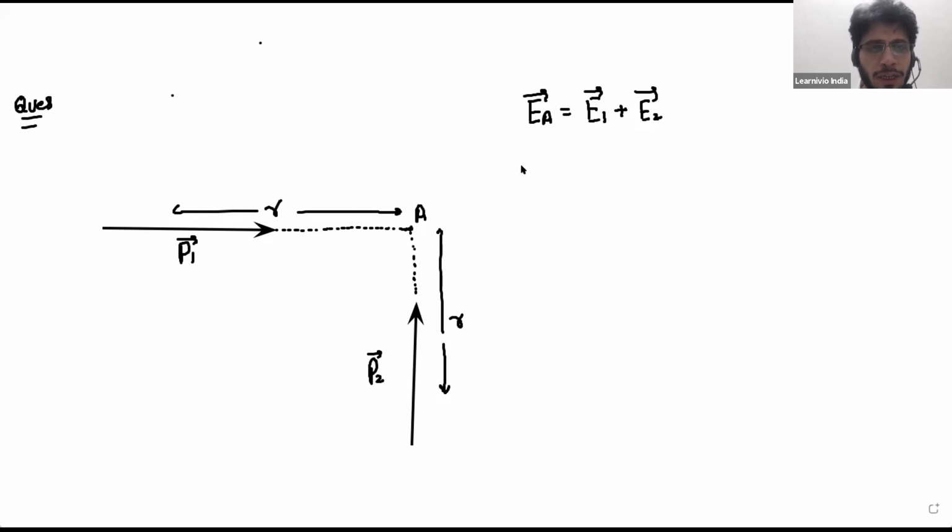So on the axial line, what's the relation of the electric field? It is twice the equatorial field, but just tell me the expression in terms of dipole moment and separation.